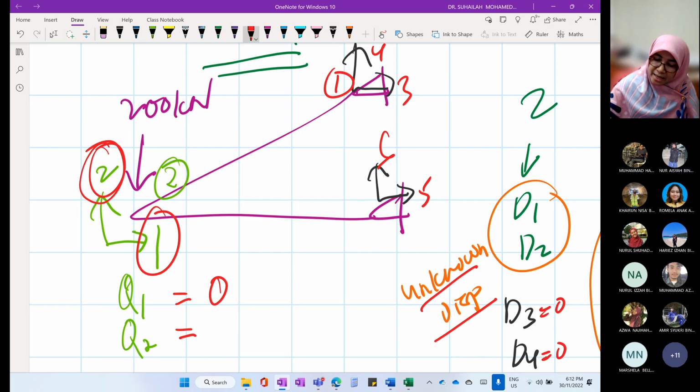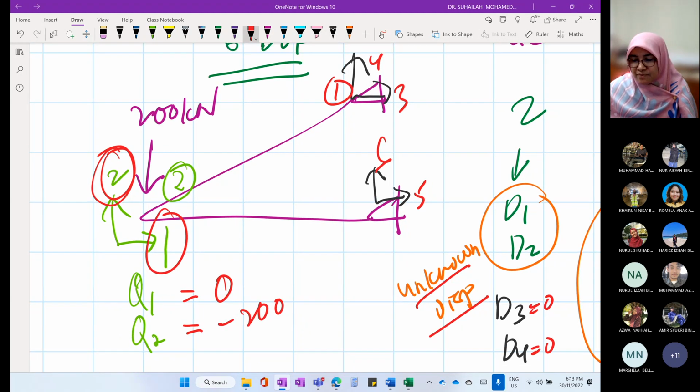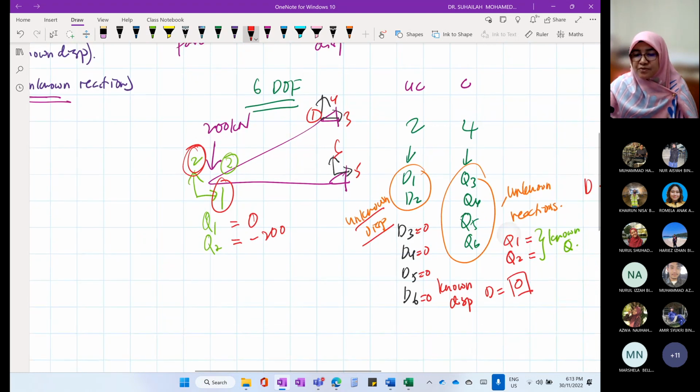Okay, this is the most important part, because we have to read the Q and D values from the diagram. If you cannot identify the right value here, you cannot complete the stiffness equation.